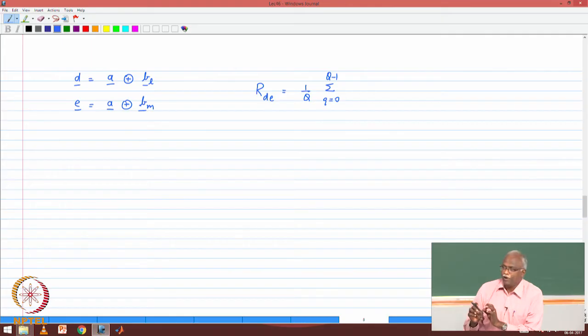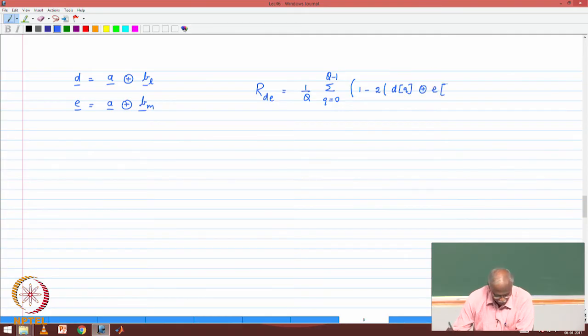The binary form is easier for us to work with, and if you don't mind, I will skip the first step of writing it in the bipolar form and go directly to the binary form. The binary form says 1 minus 2 times D of q exclusive OR with E of (q plus k) mod Q.